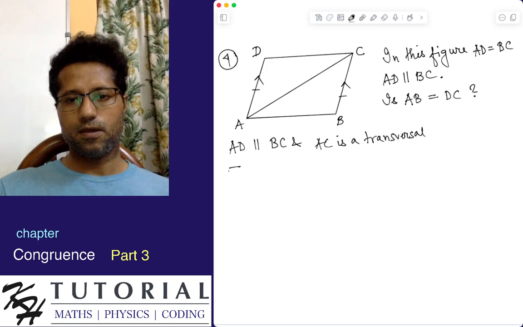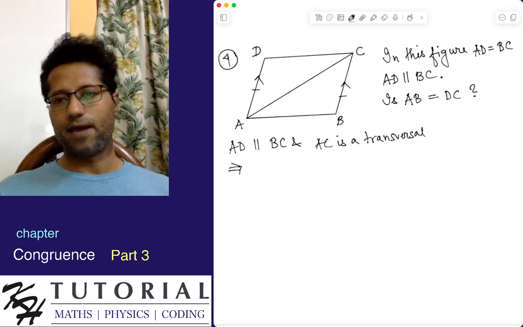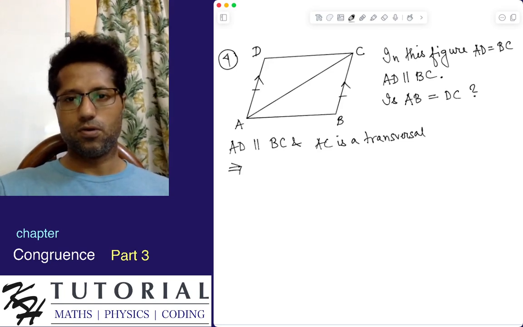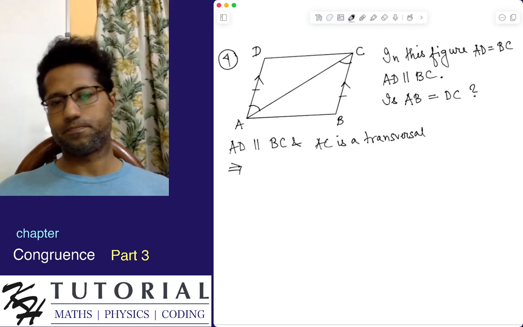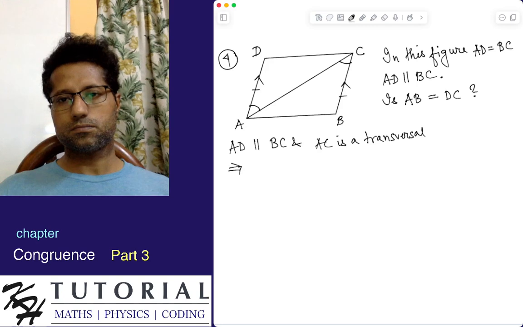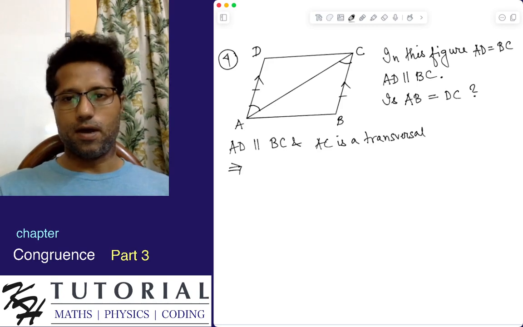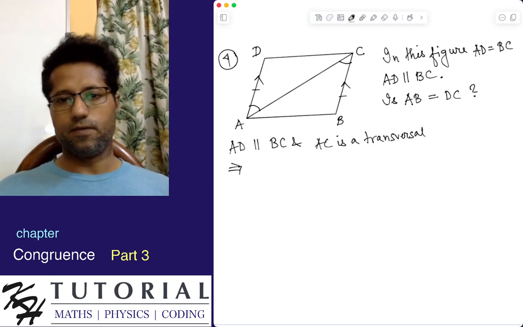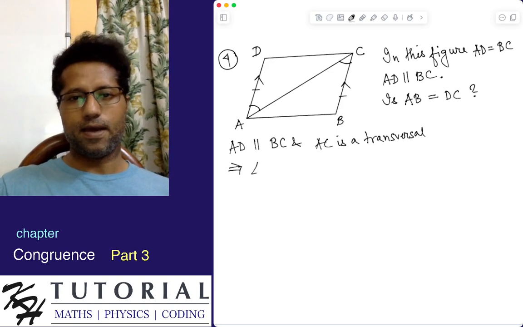This implies the alternate interior angles will be equal. So I will have angle DAC equal to angle ACB.